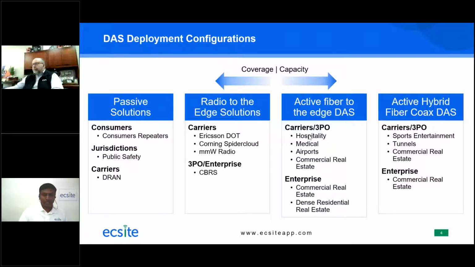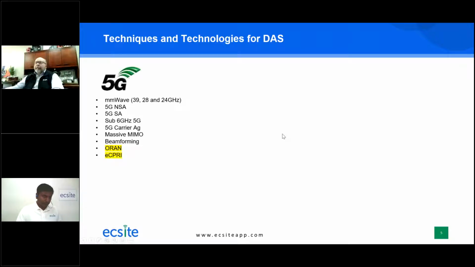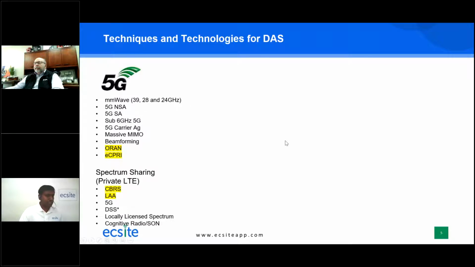Here is what people do in the DAS world today and what's coming tomorrow. We have 5G. There's a lot of activity on 5G with millimeter wave and O-RAN, and I've highlighted some elements where we already have some millimeter wave test capabilities. We're also working on some O-RAN and ECSite test capabilities.